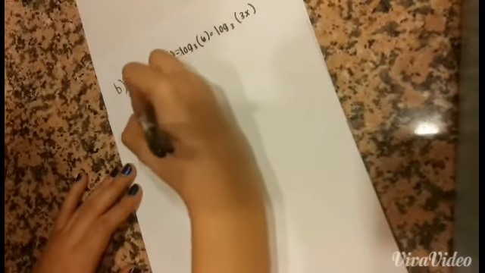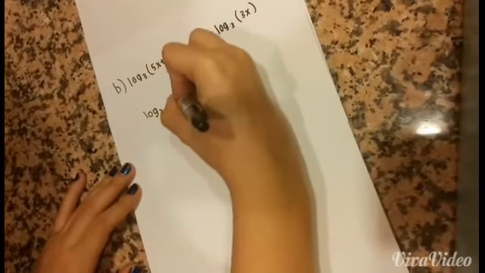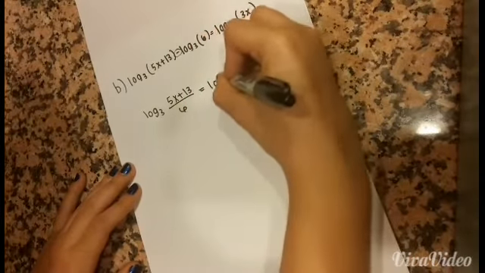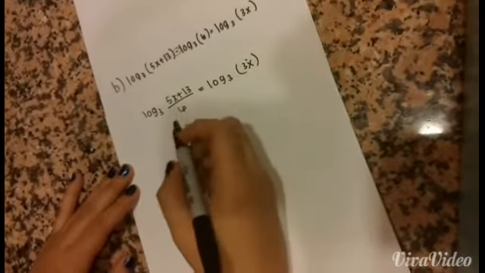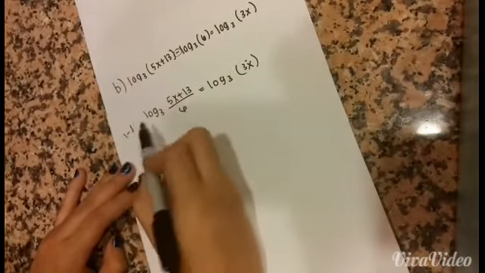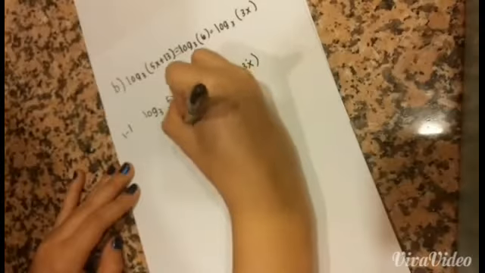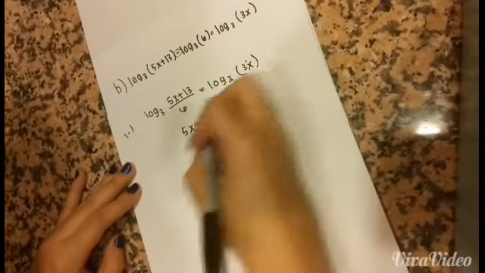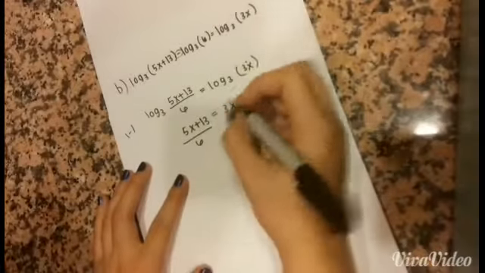So you're going to be left with log base 3 of 5x plus 13 over 6 equals log base 3 of 3x. Okay, so now, as we did in the last problem, by the one-to-one property, you can get rid of the log base 3's. So you're going to be left with 5x plus 13 over 6 equals 3x. Now just solve the equation.